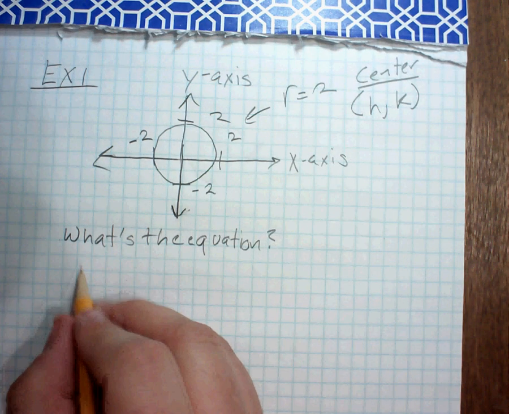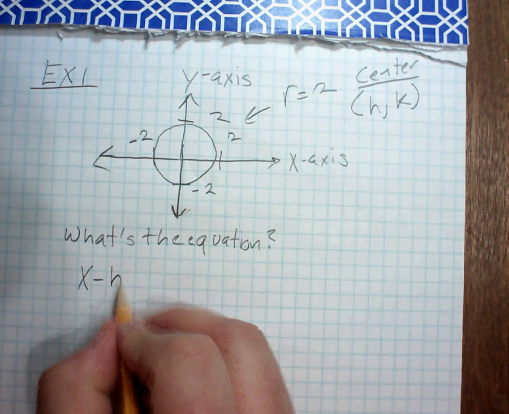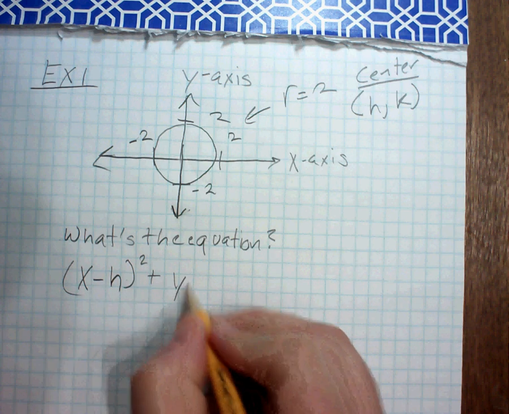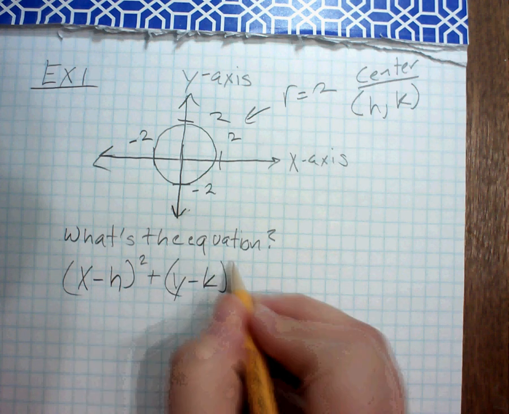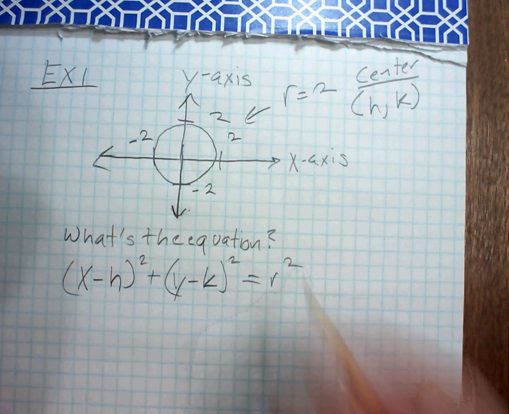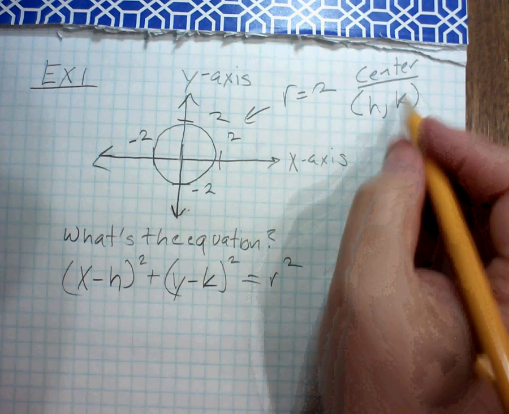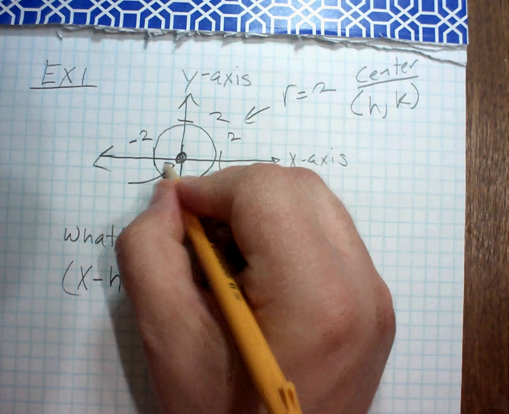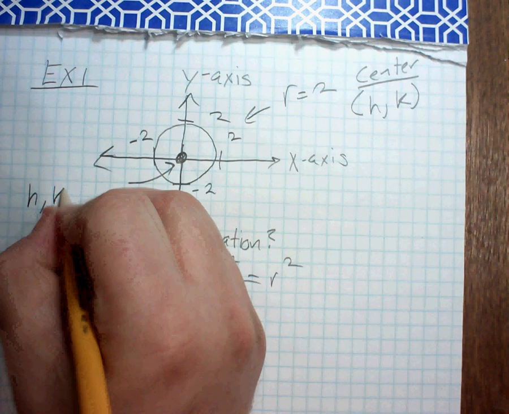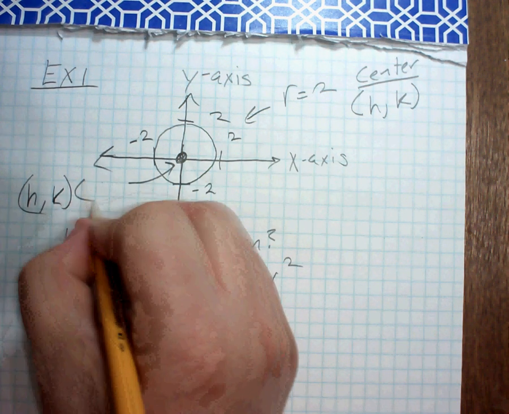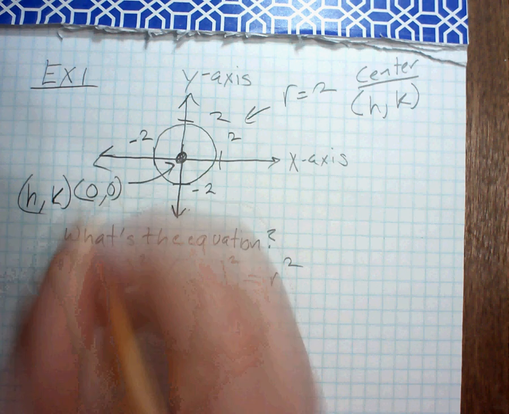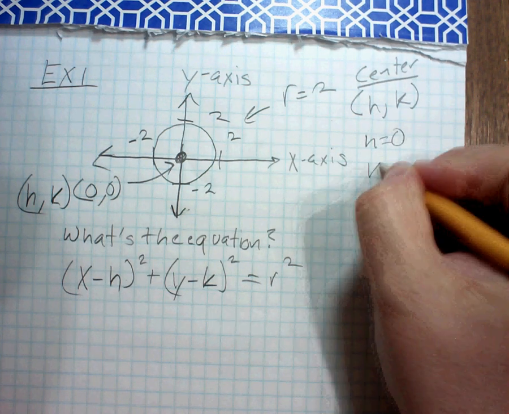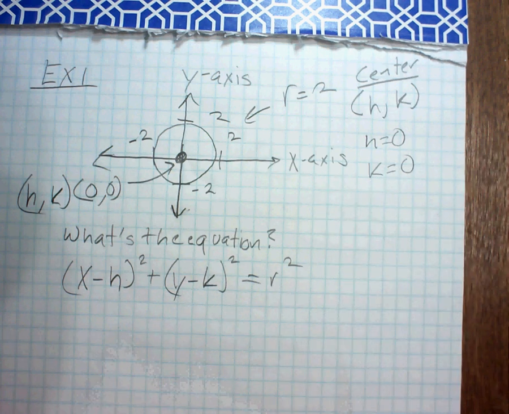And so remember that the equation of the circle is x minus h squared plus y minus k squared is equal to r squared. So I need to know h. Well, the center of the circle occurs at the origin. So my h comma k occurs at 0 comma 0. In other words, h equals 0, k equals 0.